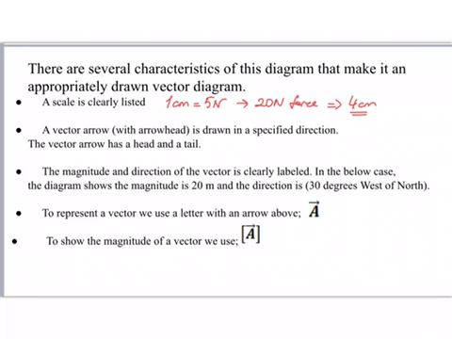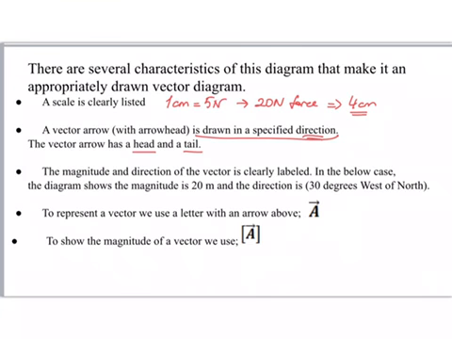A vector arrow is drawn in a specified direction because the direction is very important. It has a head and tail that we have covered in the previous slide. The magnitude and direction of the vector is clearly labeled.